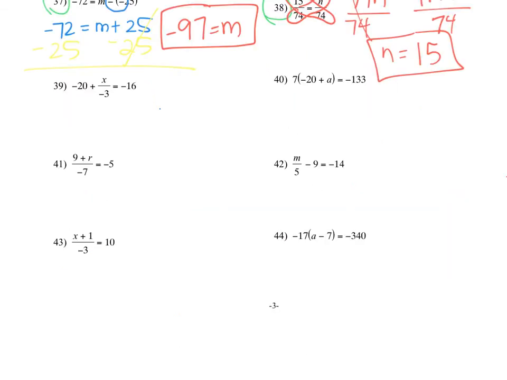Okay, let's start with 39. It's a multiple step problem. So I'm going to get rid of my negative 3. So this is number 39. I'm going to get rid of my negative 3 by multiplying everything by negative 3. So a negative times a negative is a positive. And then a negative times a negative 3, those cancel.